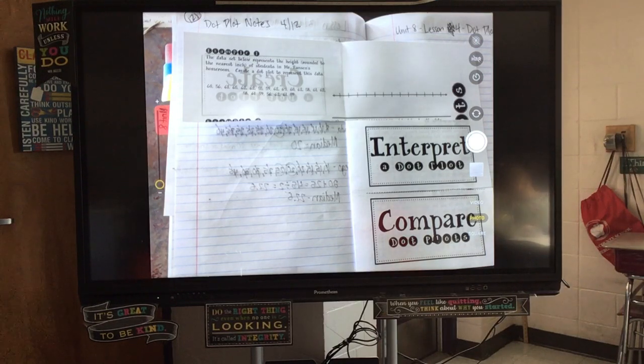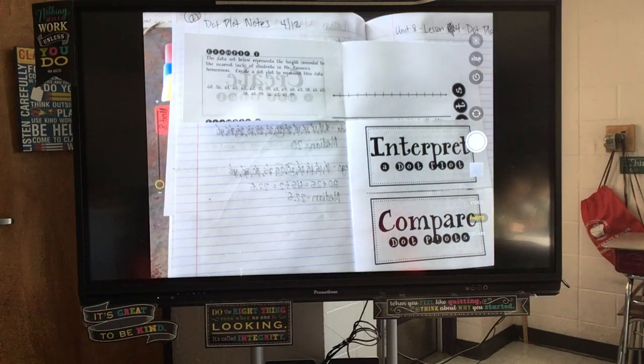It actually just needs to be within the range of your data points. You can skip numbers, but it makes it really hard to figure out where those numbers go. So my recommendation is to try not to skip those numbers, but if you do, that's your choice. We're going to be using this data set to create a dot plot today.